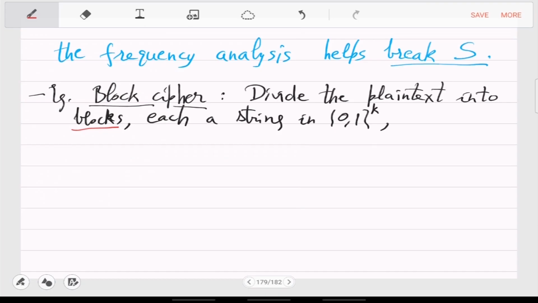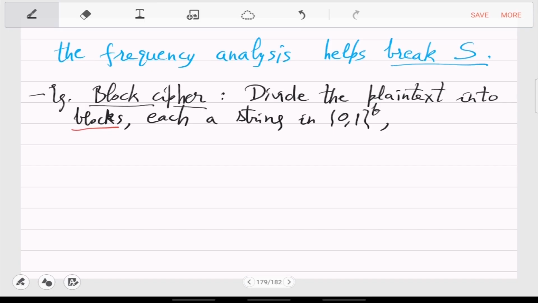So that is a block, and let me call the length B. So each block is of length B.